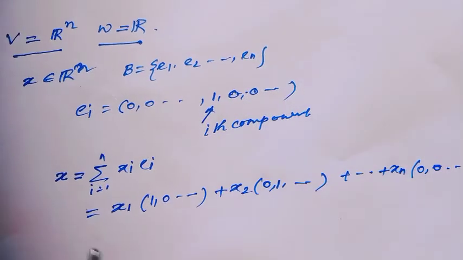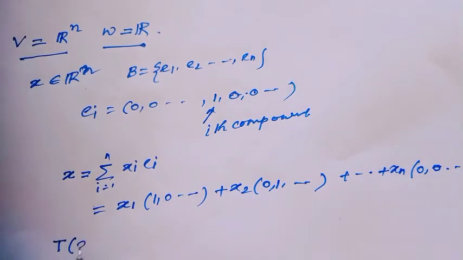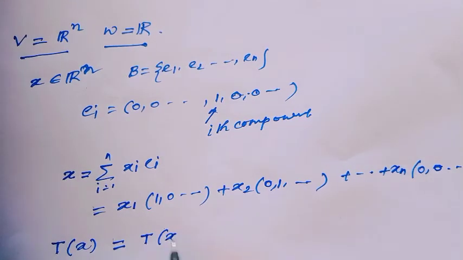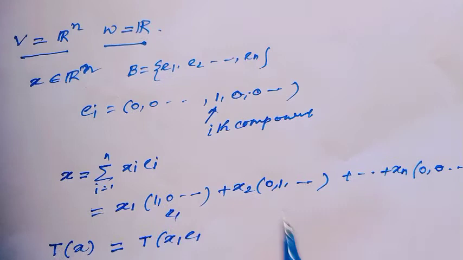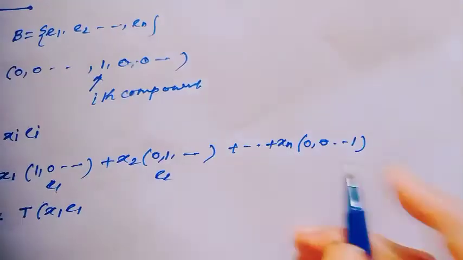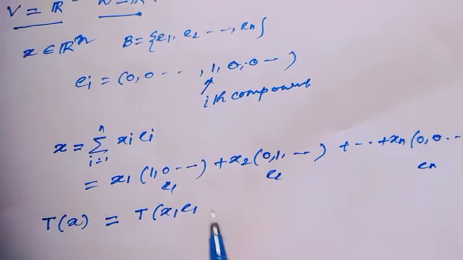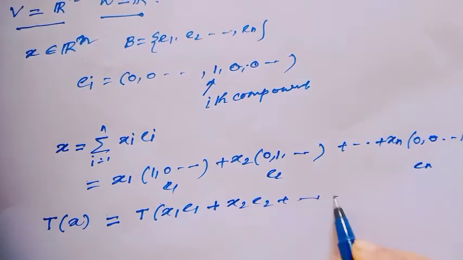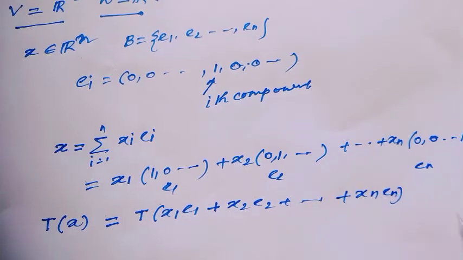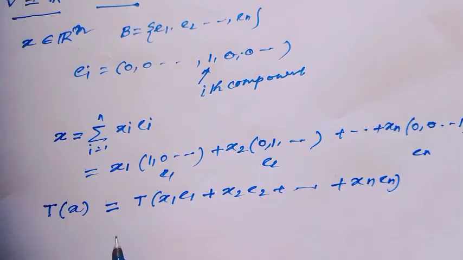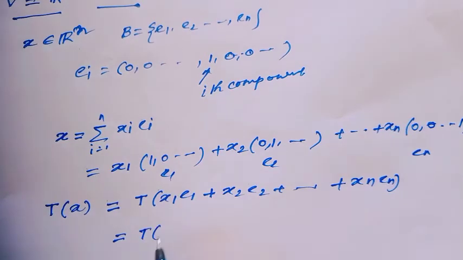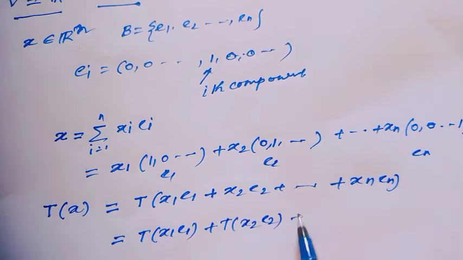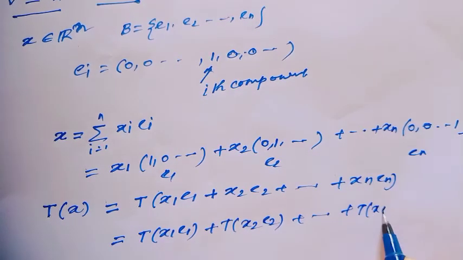Then apply the transformation: T(x) would be T(x1 e1 + x2 e2 + ... + xn en). By the addition formula, this would be T(x1 e1) + T(x2 e2) + ... + T(xn en).